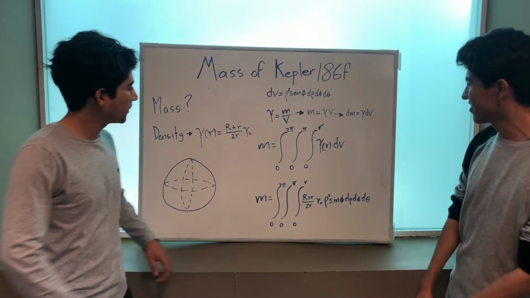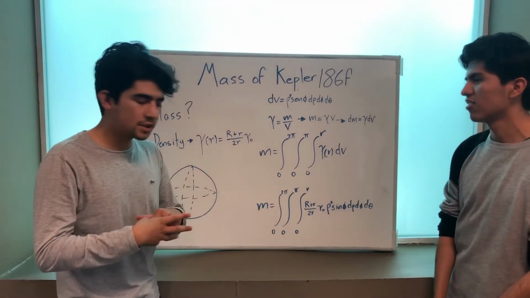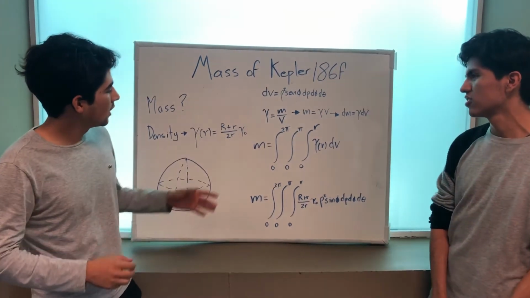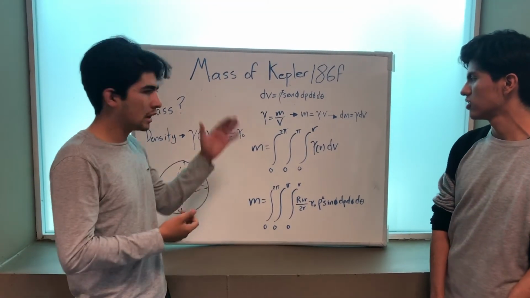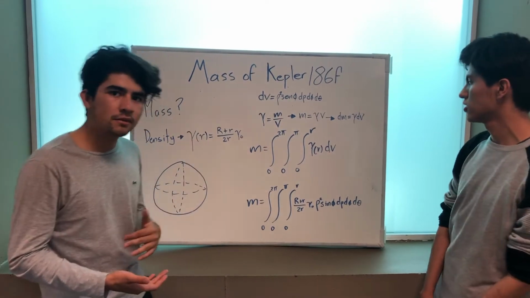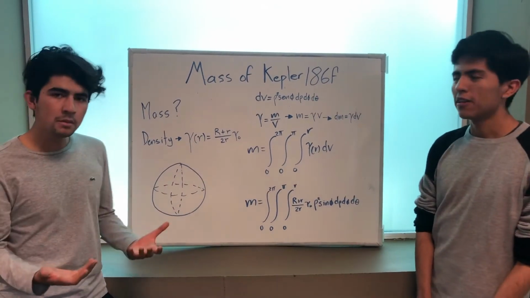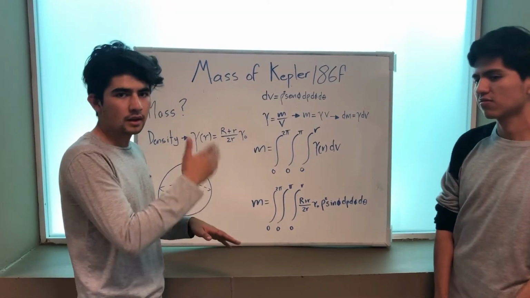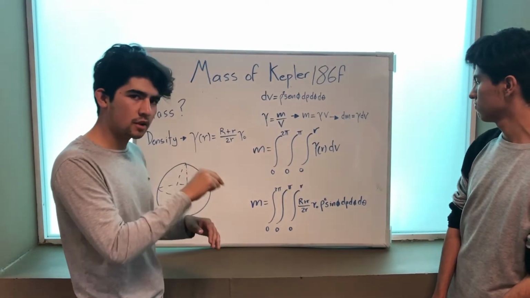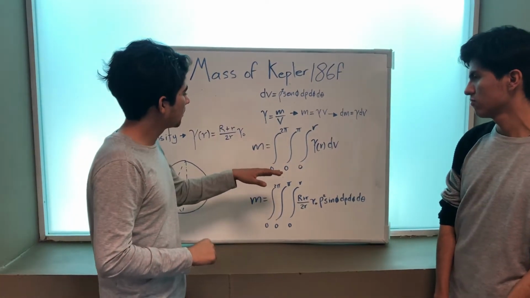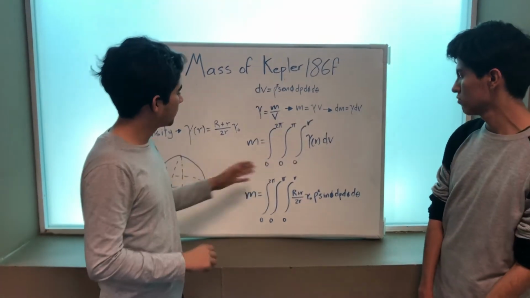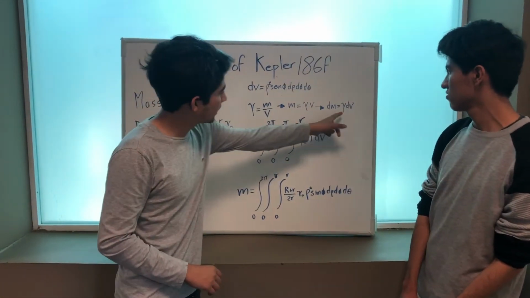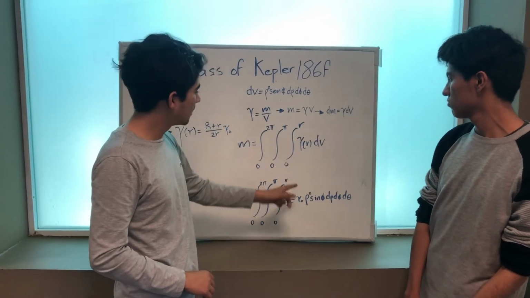So for the triple integral, which is the way we solved this problem, we had to first know the limits of integration. We know we have a sphere located at the origin of the XYZ axes. So first we have a triple integral of the density times the differential of volume.